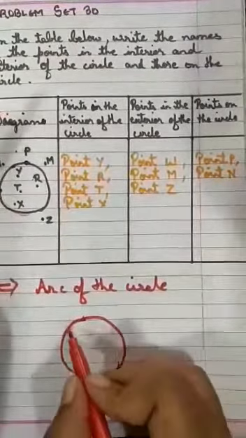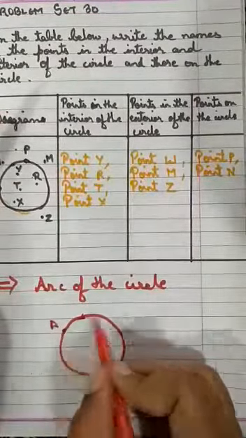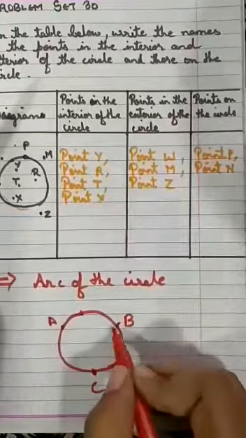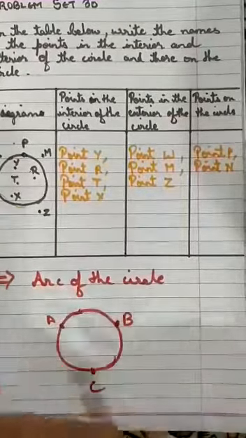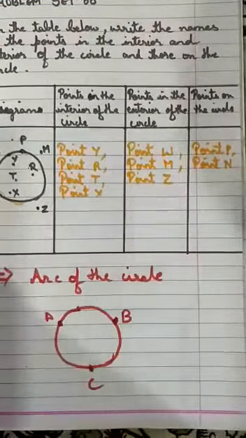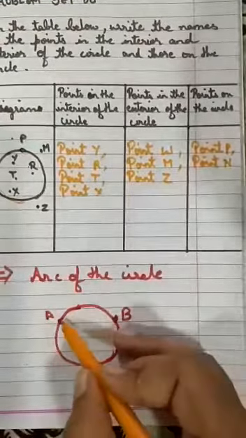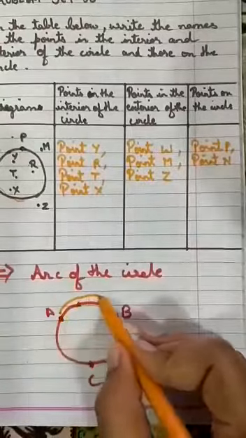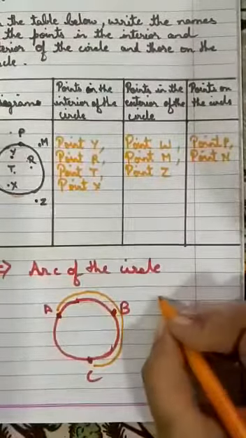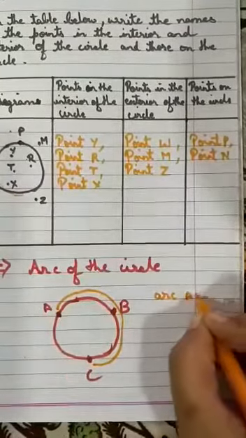It is having points on it, that is A, B and C. Understood? So arc means the 3 points which we are going to say. Like for example, this is one arc. Understood? That is arc ABC.